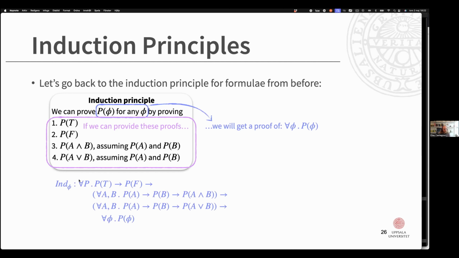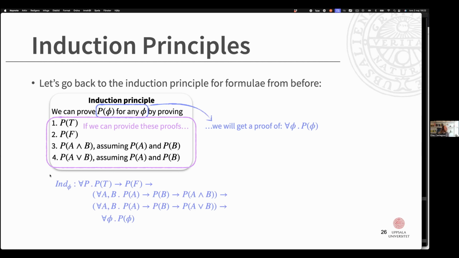going to be a function that takes a P, that's the property. It takes a proof of P of T. It takes a proof of P of F. It takes a proof that for all A, B, if P A and P B, then that implies P of A and B. And a proof that for all A and B, P A and P B implies P of A or B. And the thing that we get back is a function from any phi to the proof of that phi.